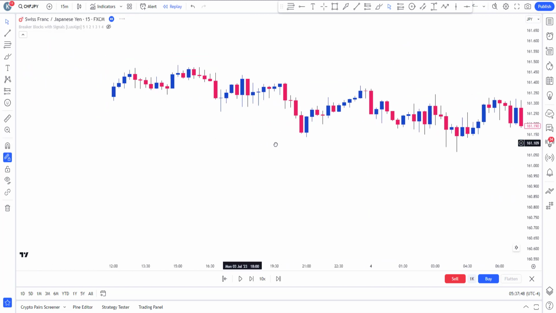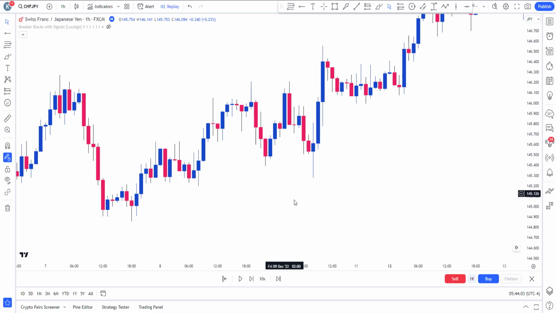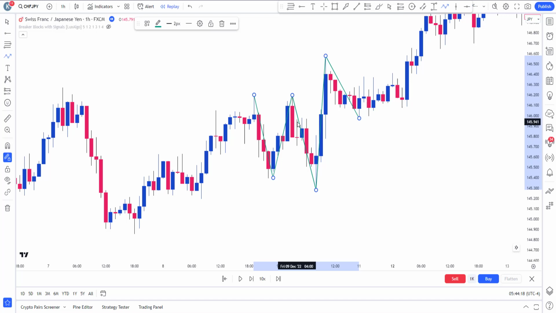So checking if I'm seeing any example. Just a few more examples right here in the 1 hour time frame. This is a breaker block, a bullish breaker. You can actually see that this has pushed below here, coming up. So as price comes back to this last blue candle, that is basically our bullish candle.